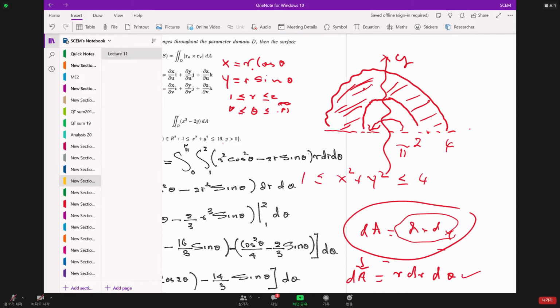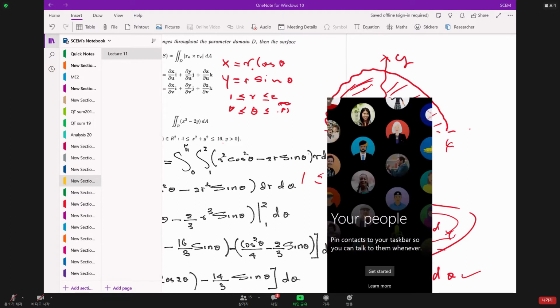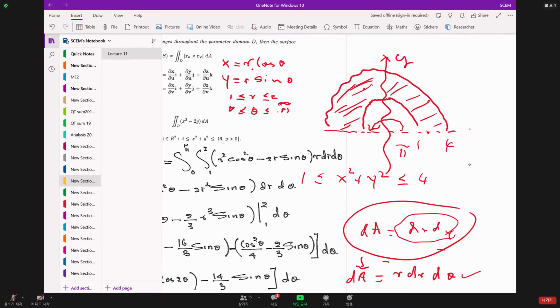Is that what you have in the textbook? Yeah, that's fine. So I must correct what I said earlier. So this radius goes from 4 to 1. But it doesn't matter. It's just a small mistake here. I should have just corrected this and put this as 4 and this as 1.